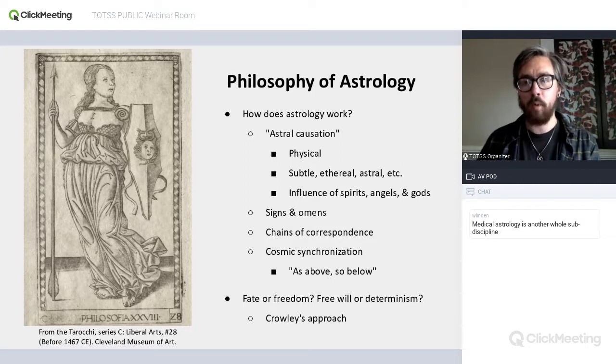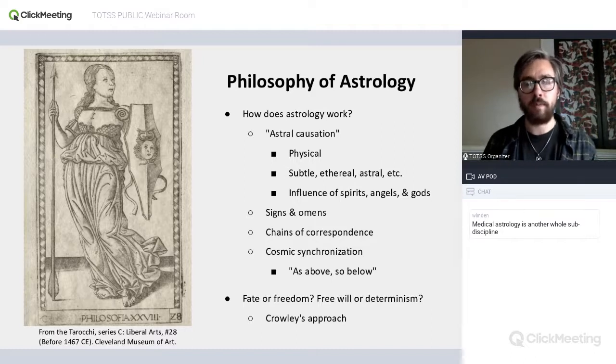And then we can also talk about it in what we broadly call an animistic perspective, that the different spirits, angels, or gods associated with these planets have an influence and they cause things to happen, or cause people to be the way that they are, and cause events to occur in alignment with the movements of the planets and stars. All right, so that's the first big philosophical position, what's called astral causation.